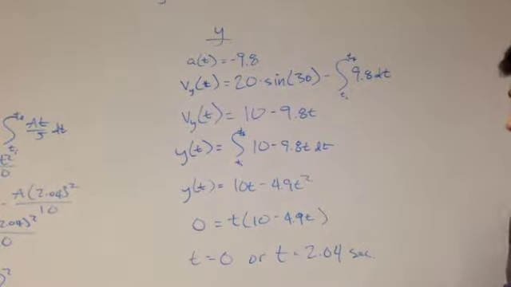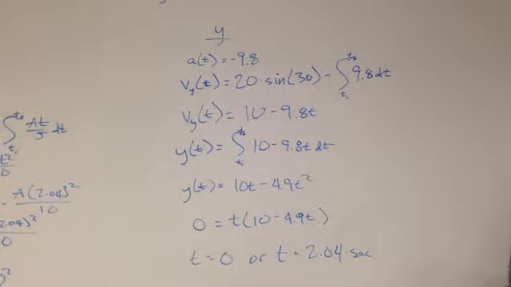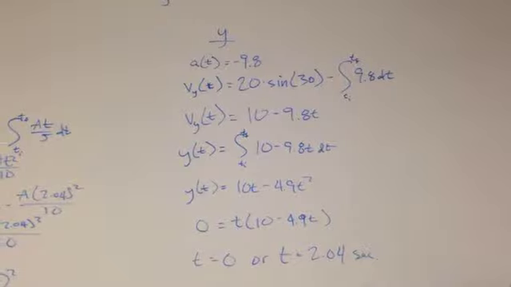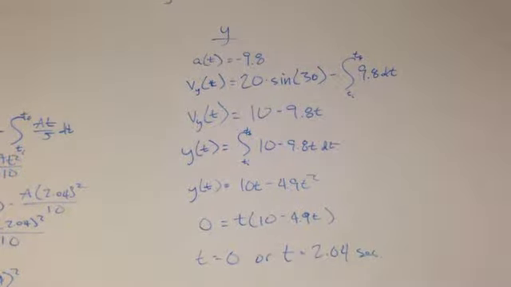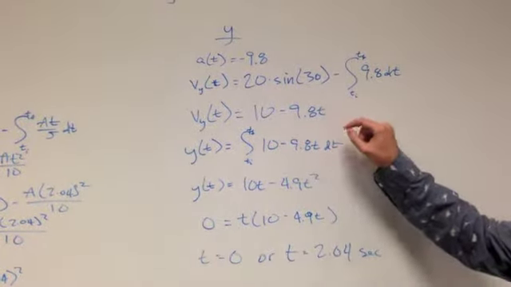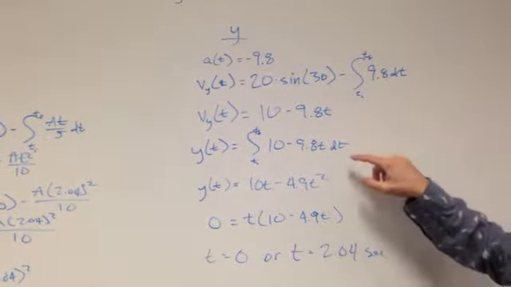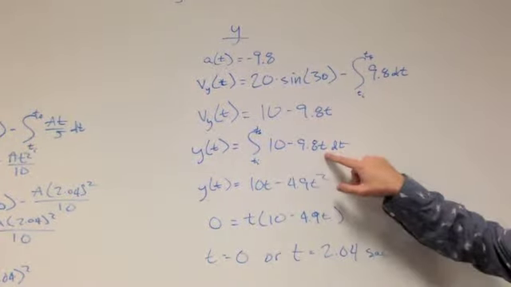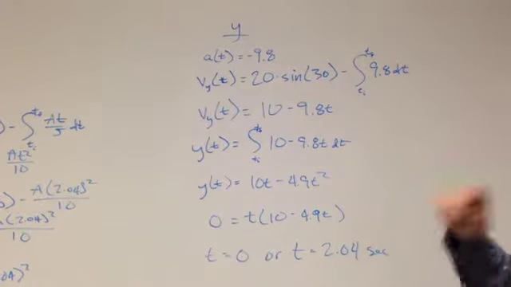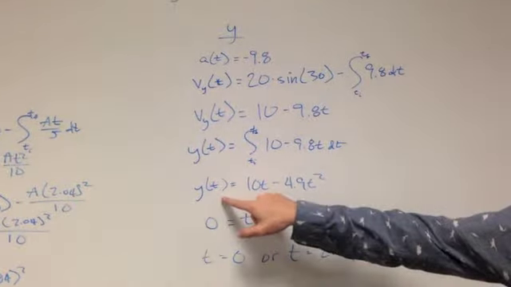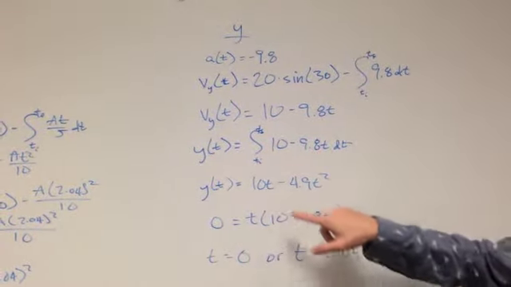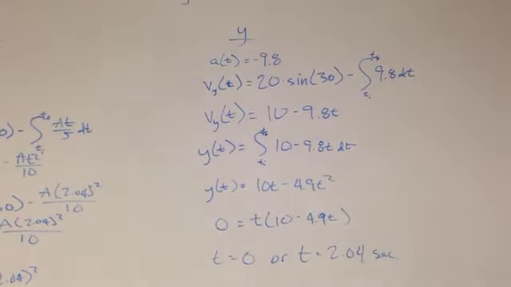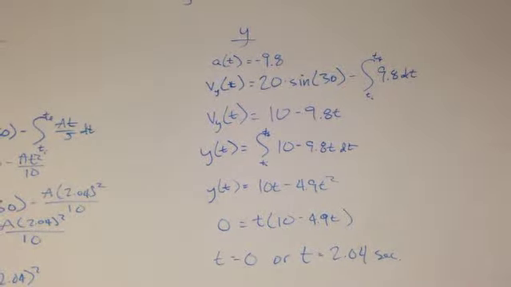Then we need to get the position in terms of time. So we took the integral of the velocity equation, 10 minus 9.8 t dt, and that equals y of t, the position function, which is equal to 10t minus 4.9 t squared.